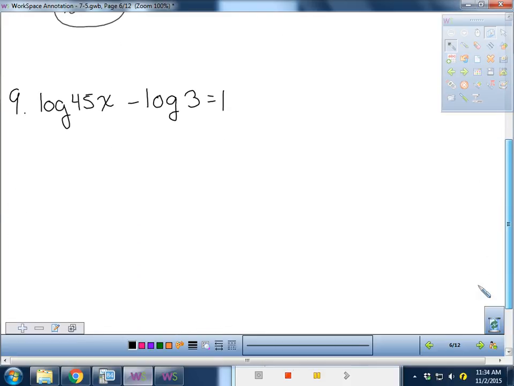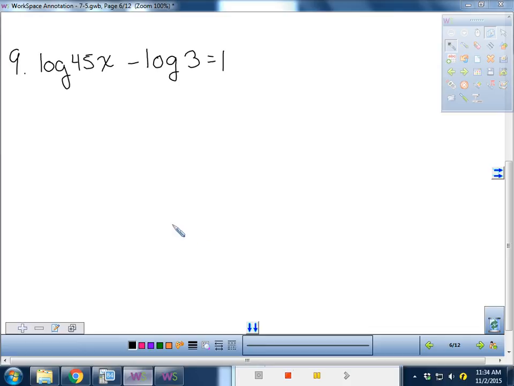All right? Number 9. The first thing that you should notice is that there are 2 logs. We never want to have 2 logs. So your first order of business is to rewrite this as 1 log. So if you notice, these both have a base of 10. Remember, if there's no base, the base is 10. And you are subtracting them.